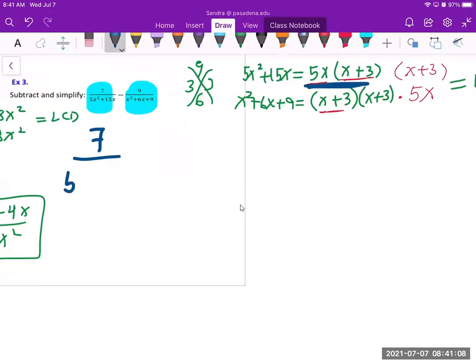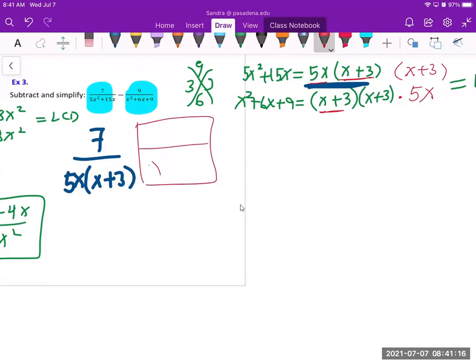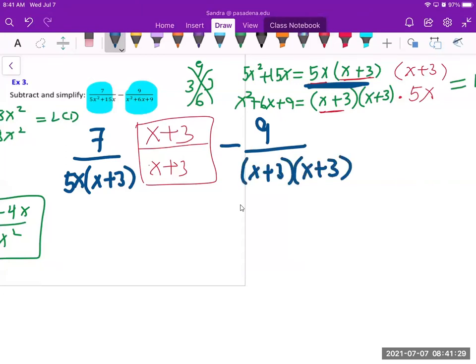And then I'm going to multiply by the red color, x plus 3, numerator and denominator, and minus 9 over x plus 3 times x plus 3, multiplied by the red color, 5x.